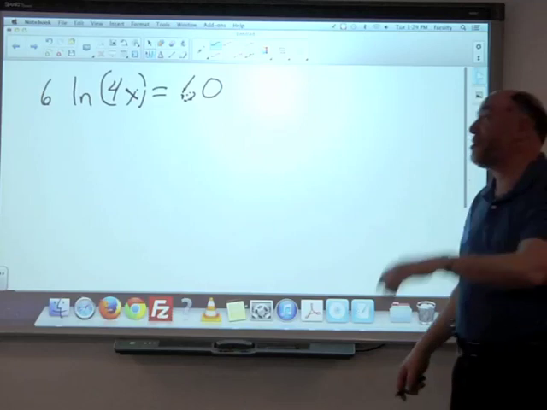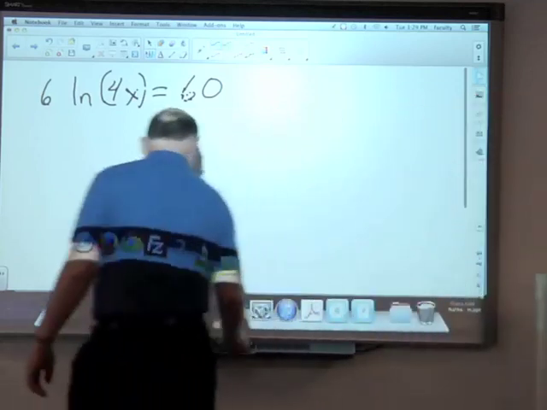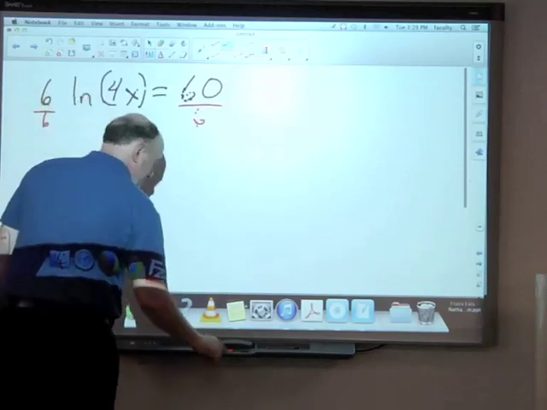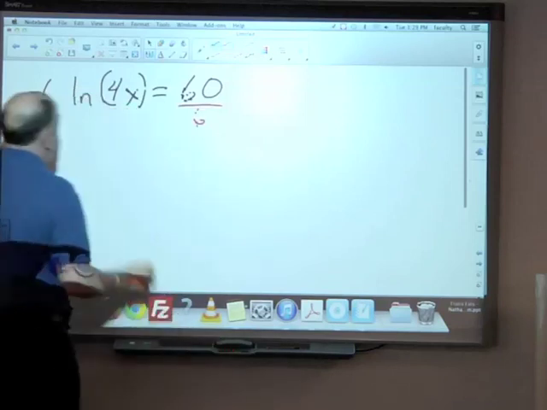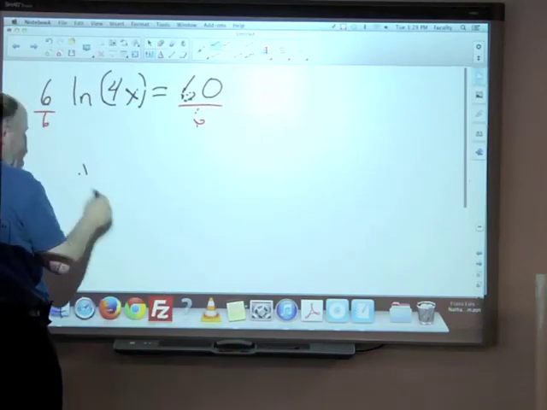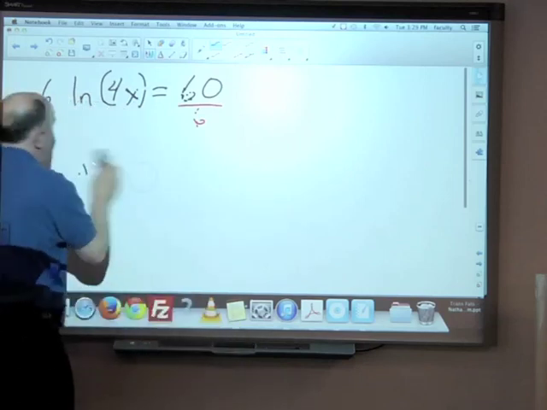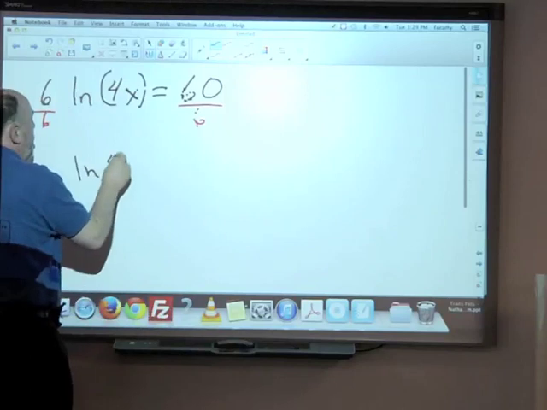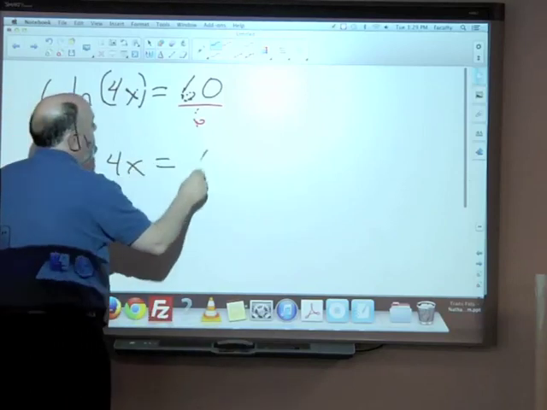Well, again, the first step is going to be divide. Divide by 6, divide by 6. So the natural log of 4x is going to equal 10.